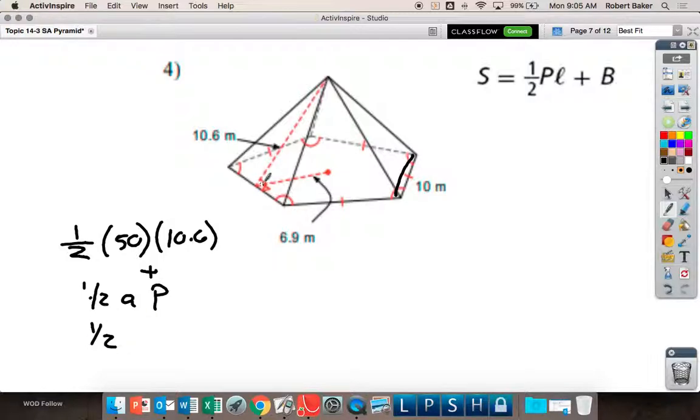The apothem is the length from here to here, which is 6.9, times the perimeter of that regular pentagon, 50. So we do 1/2 times 50 times 10.6, and we add to it 1/2 times 6.9 times 50. We get the total surface area of that shape.